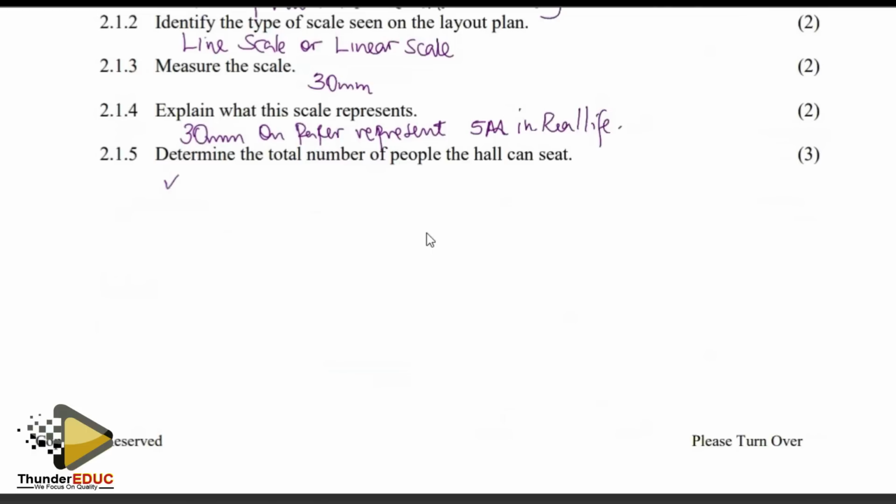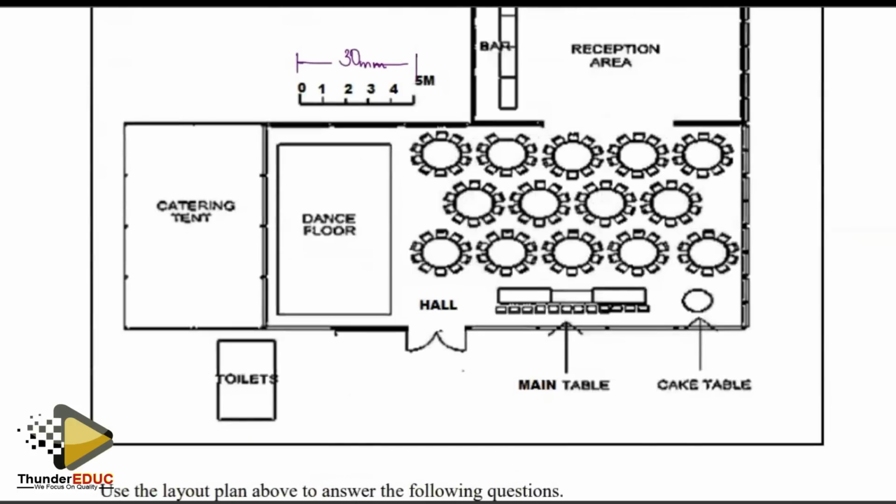So simply meaning we shall only count the chairs. So apart from this one, which has 9 chairs, the rest have 10.